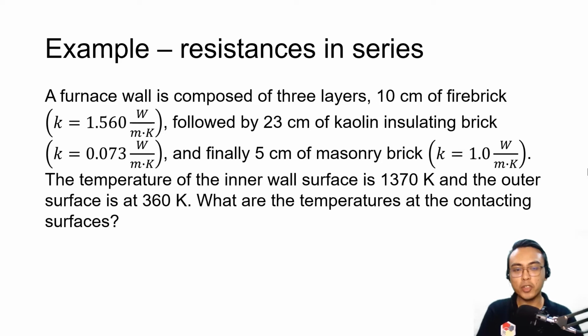The temperature of the inner wall surface is 1370 Kelvin, and the outer surface is at 360 Kelvin. What are the temperatures at the contacting surfaces? So this is our first example wherein we will be applying our derived equation for the rate of heat transfer in rectangular coordinates.